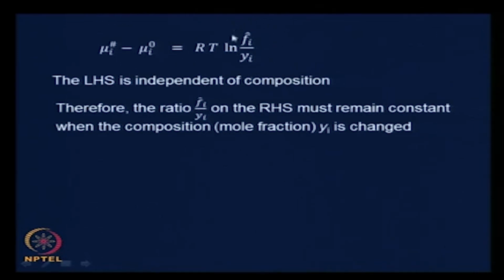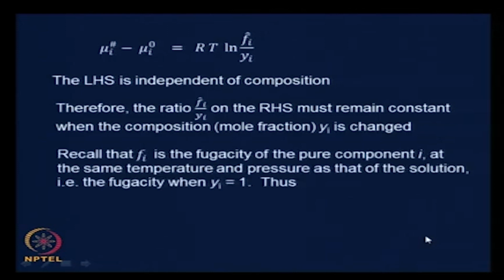Therefore, when you change yi here, the only way that this remains independent of composition is that this ratio becomes independent of composition. Therefore, Fi hat by yi must remain constant when the composition is changed, or when yi, which represents the mole fraction, is changed. I hope this is clear.